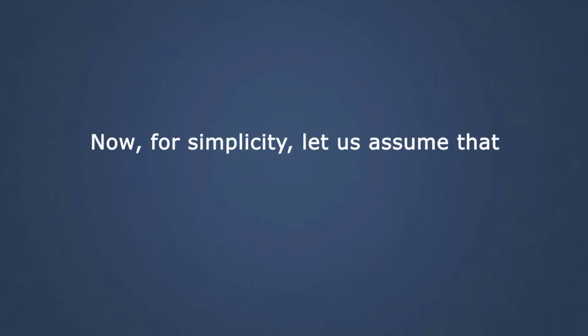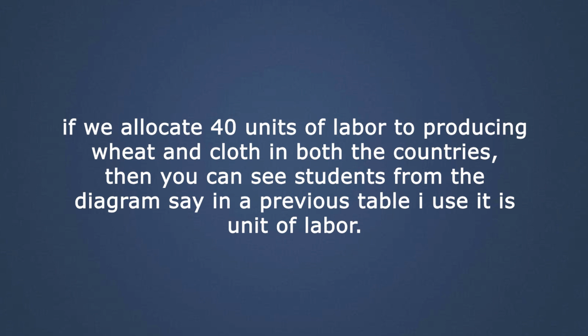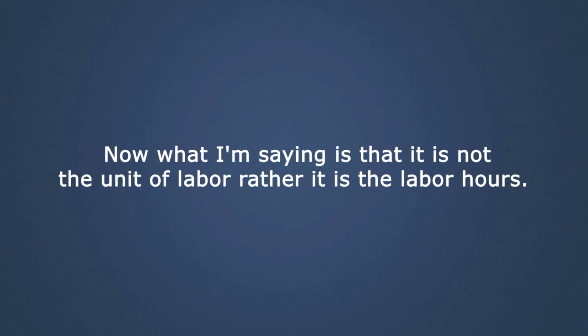And this is the thing that I explained. Now, for simplicity, let us assume that the total amount of labor hours is given at 40. Now, what is going to happen if we allocate 40 units of labor to producing wheat and cloth in both the countries? Then you can see, students, from the diagram, that in our previous table it was units of labor.